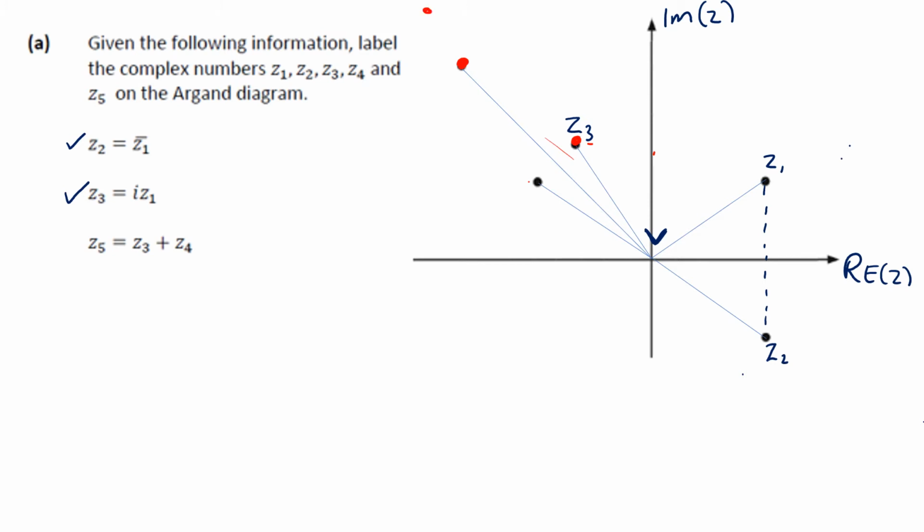So it'd be further up here somewhere when I add the two together, and we don't have that point. So therefore, if we go back, what we had the first time was correct. So this one is Z4, leaving this one as Z5. So it's really important that you understand how complex numbers relate to each other on the Argand diagram, as well as being able to work with them in problems.